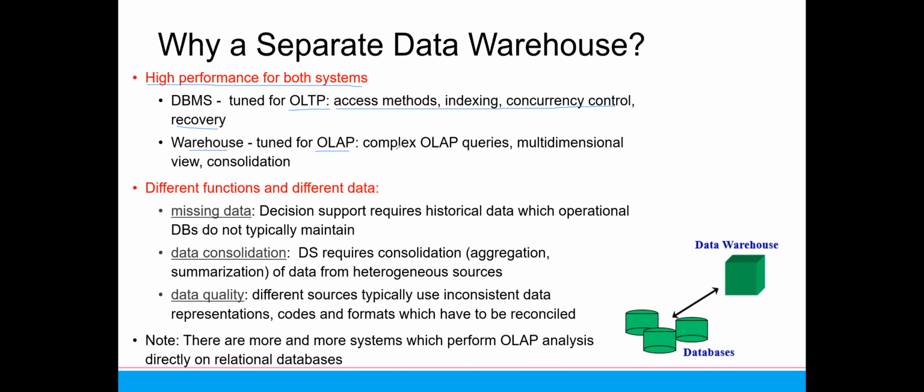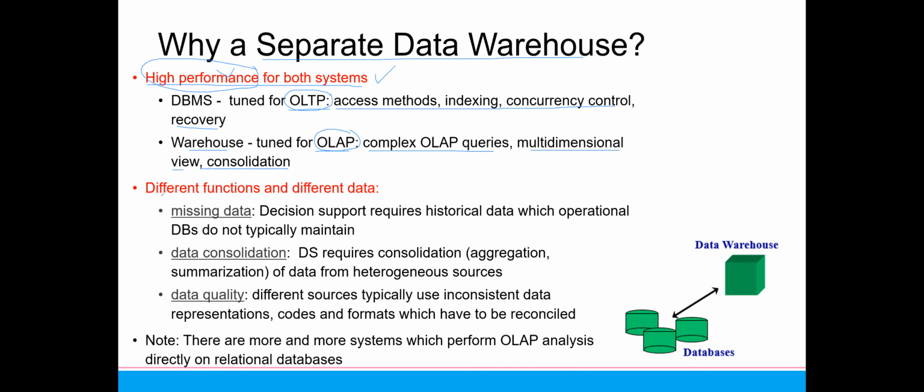Meanwhile, the warehouse, you need to do complex OLAP queries. You need to have the multi-dimensional view and consolidation. So high performance should be available in OLTP, and also in OLAP. So it is a good way to separate the data warehouse.